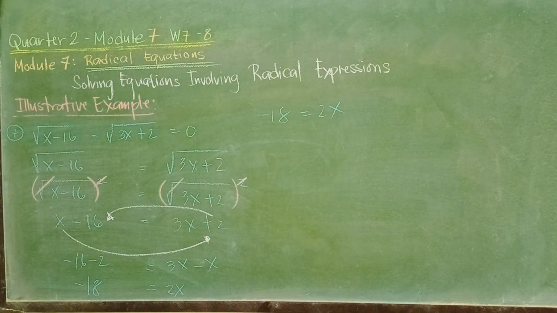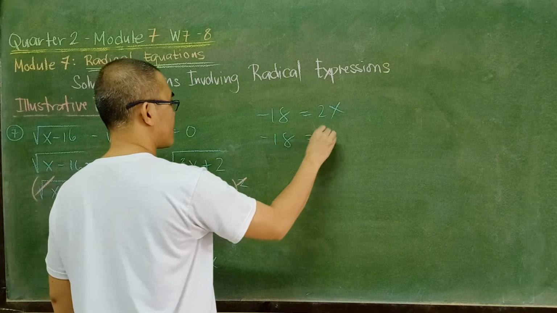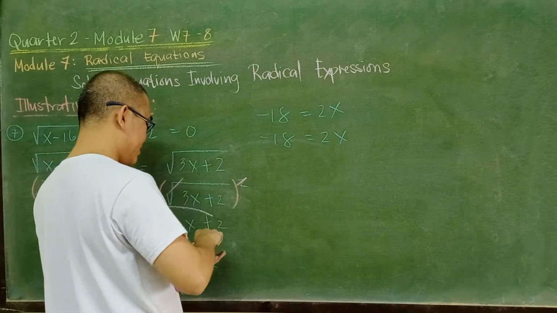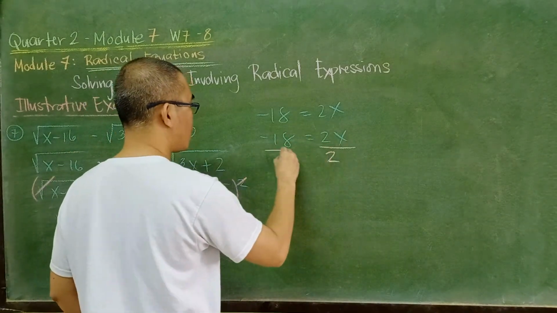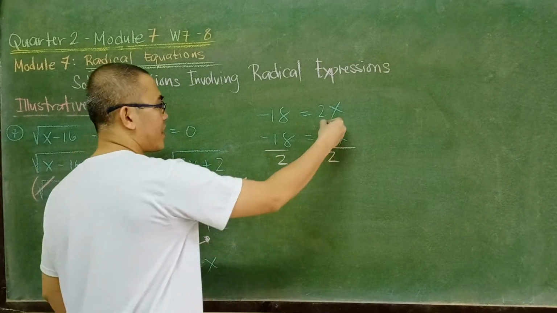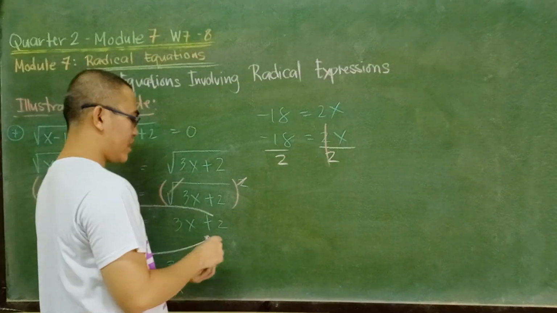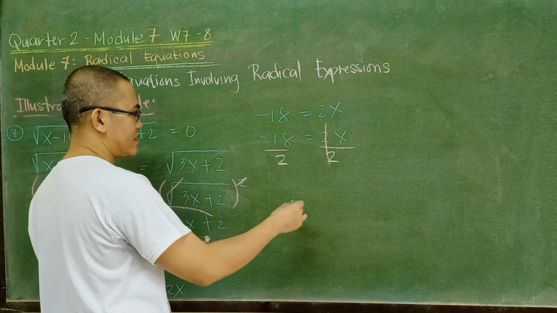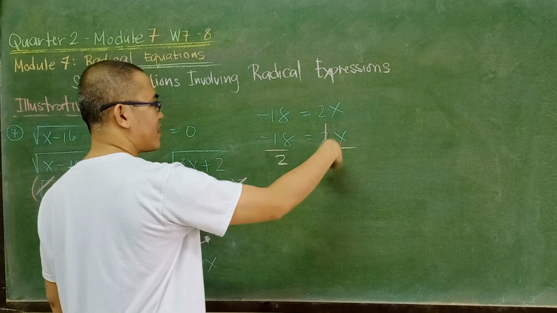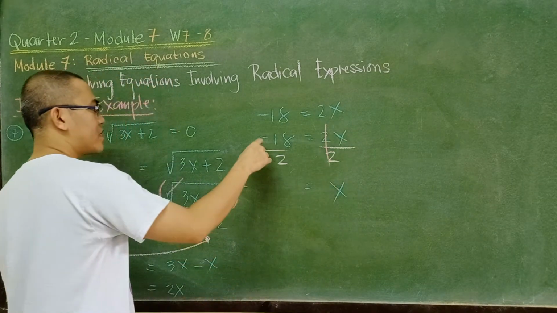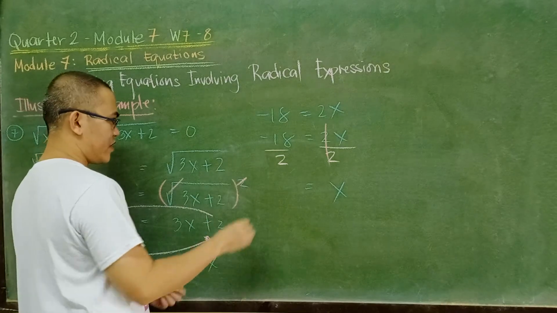Next, paano natin maaalis yung kasama ng x na 2? So what we will do is, we will divide both sides by 2. Bakit 2? Para ma-cancel natin yung 2 na kasama ng 2x, na kasama ng x. So ang matitira na lang dito sa may right side is yung x, and negative 18 divided by 2, that is negative 9.